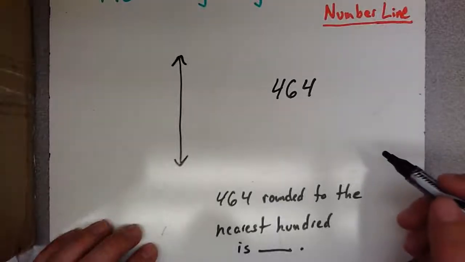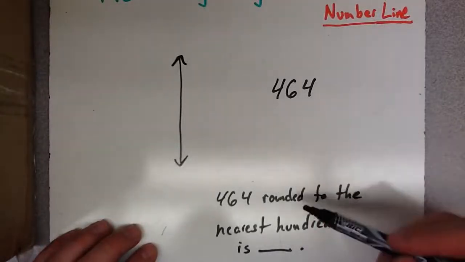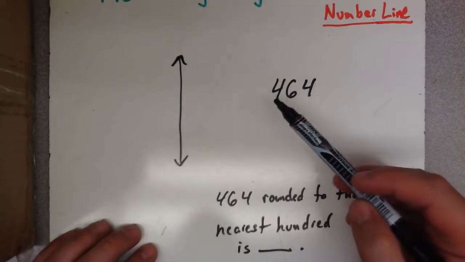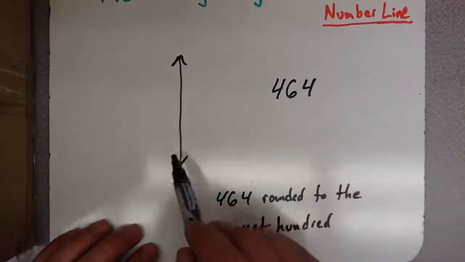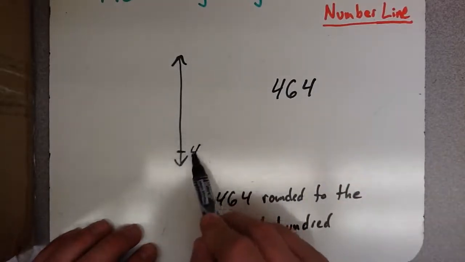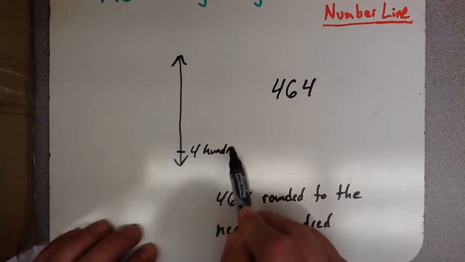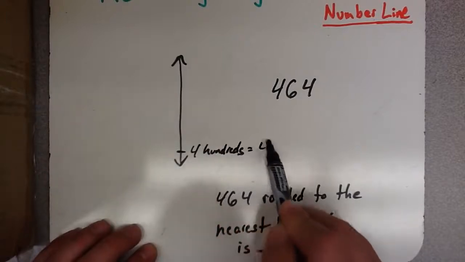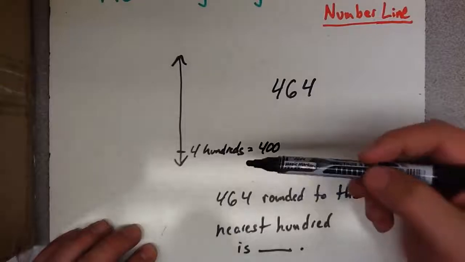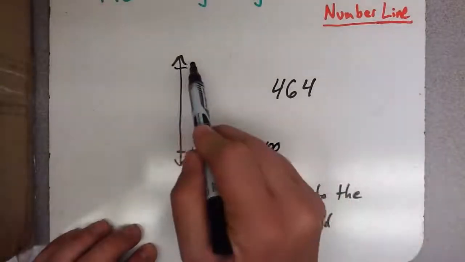Okay? Now I have to ask myself how many hundreds, because I'm rounding to the nearest 100, how many hundreds are in 464? Well, there are 4 hundreds, or 400. One more 100 would be 500.